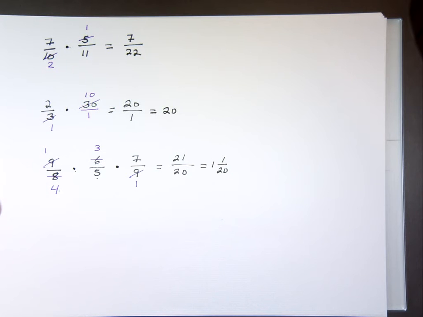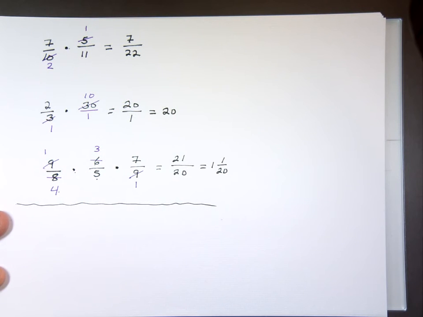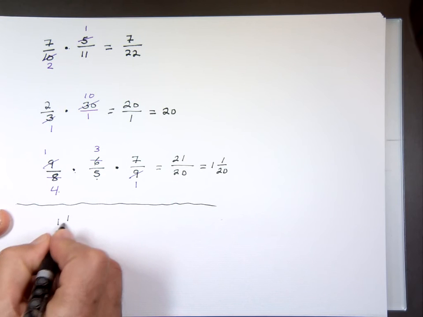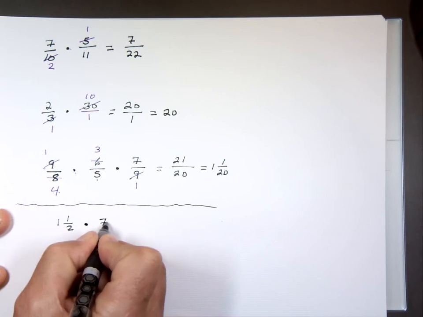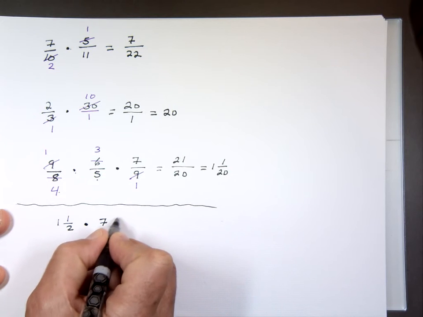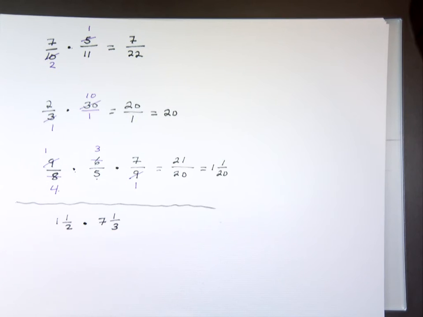Now, let's bring in some mixed numbers. Here comes the mixed numbers. I want to multiply 1 and 1/2 times 7 and 2/3. Guess what my first step is going to be?